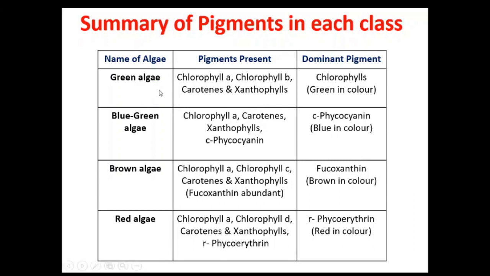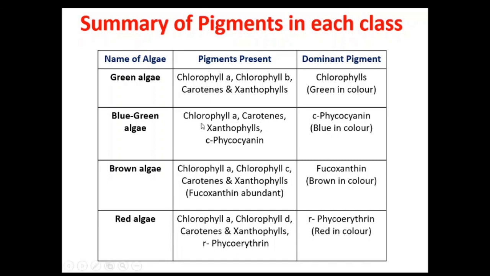For instance, green algae contains the chlorophyll A, chlorophyll B, carotenes and xanthophylls. Now in green algae, chlorophylls are the dominant pigments. So they mask the color of other pigments, that is carotenes and xanthophylls. That's why the green algae are mainly green in color. Now the pigments in blue-green algae.